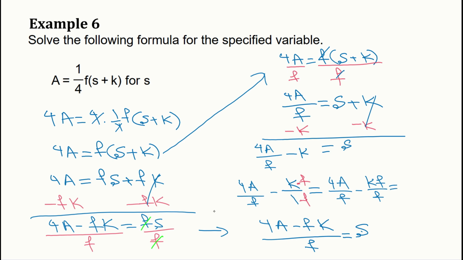But I now can put them under one fraction, given that the denominators are the same, and I get 4a minus kf on the top. So notice they do end up being the same if you just convert one form to the other. And kf, of course, is the same as fk by the commutative property of multiplication.